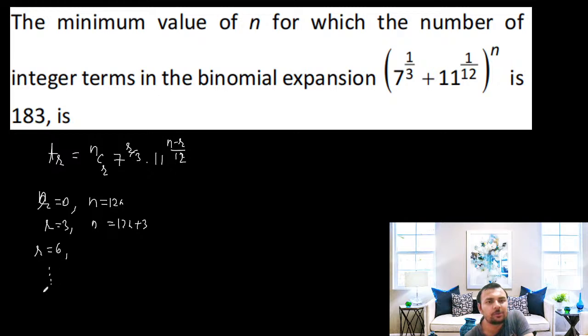So this will go up to r equal to 183. N will become 12 lambda plus 183. Okay.